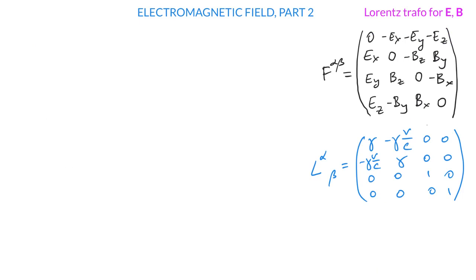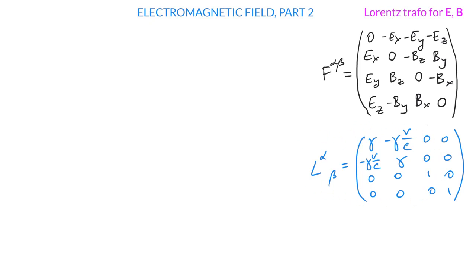Now let's come back to the electromagnetic field and see how the components of E and B transform under Lorentz boost. So we know the structure of the tensor containing the electric and magnetic field. For the boost in the x direction, the L matrix looks like this.